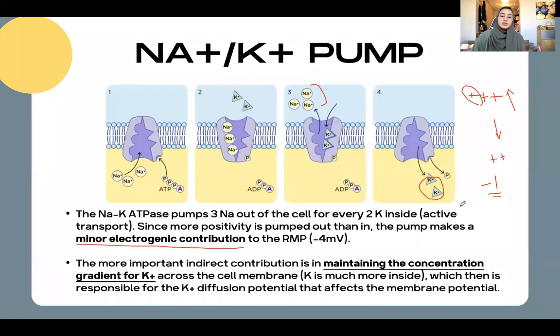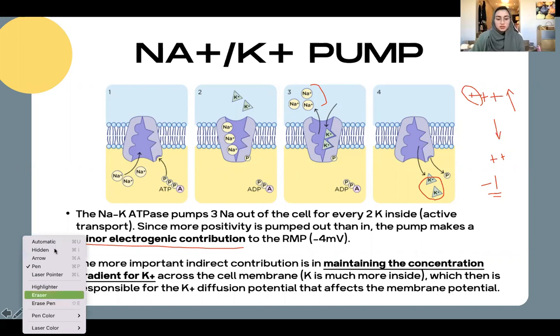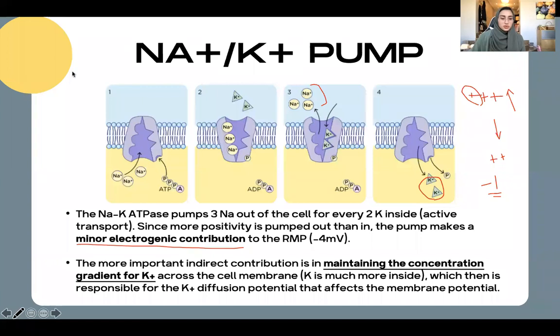This is also going to cause a minor electrical gradient, right? Because you have more negativity inside the cell versus outside the cell. Because potassium, we kept talking about it, it's the most permeable ion. It's the most important in maintaining your resting membrane potential. Does that answer your question? I hope that clears up the confusion.